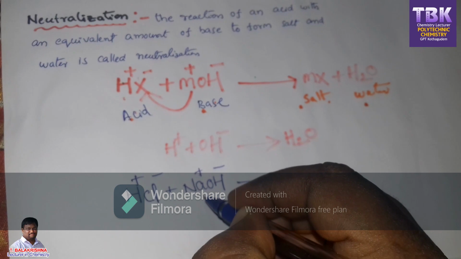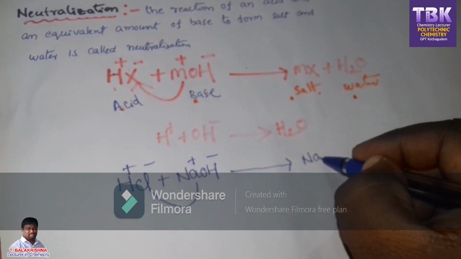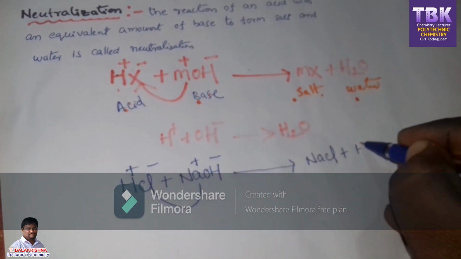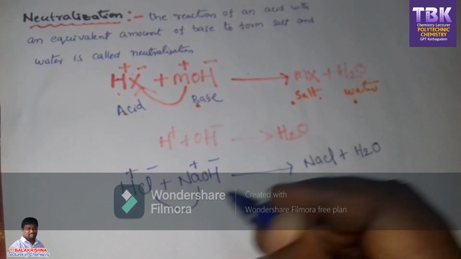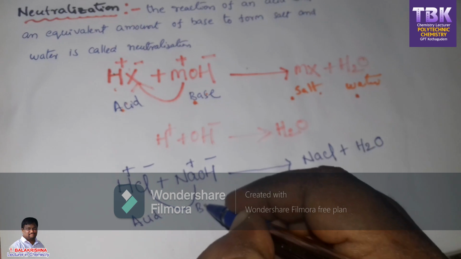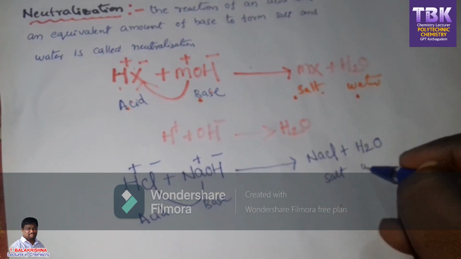This Na plus combines with this Cl minus, you will get NaCl, and H plus and OH minus will get H2O. So this acid reacts with base. It produces NaCl salt plus water.